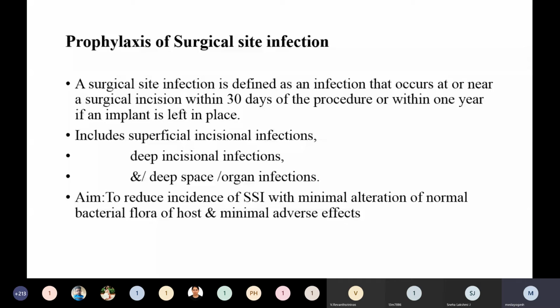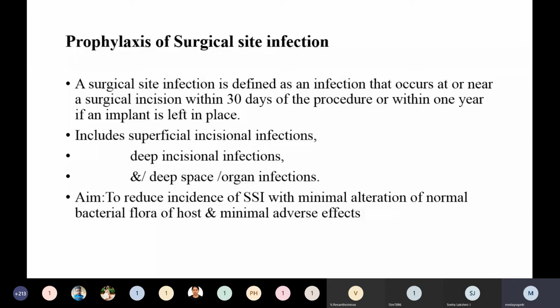Okay, now prophylaxis of surgical site infection. This is your 5-mark short note. It's an infection that occurs at or near a surgical incision within 30 days of the procedure, or within 1 year if an implant is left in place.